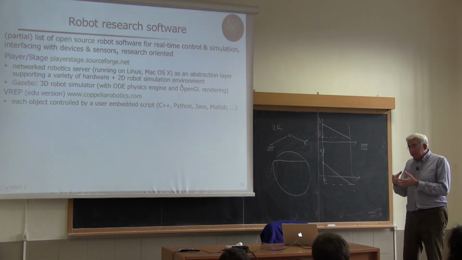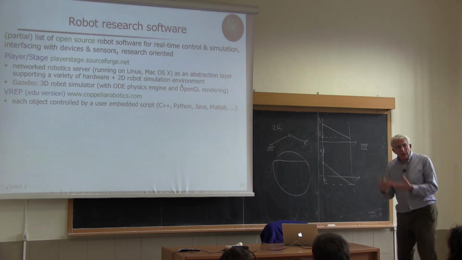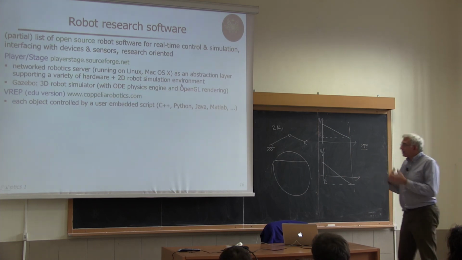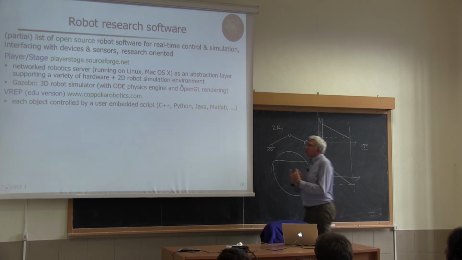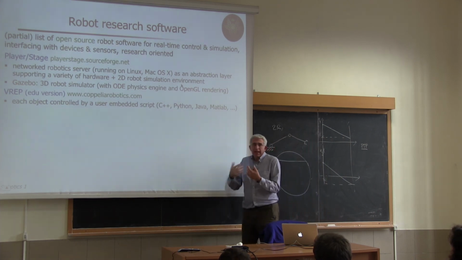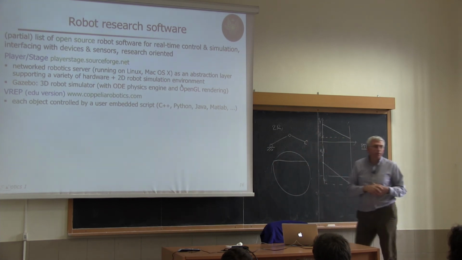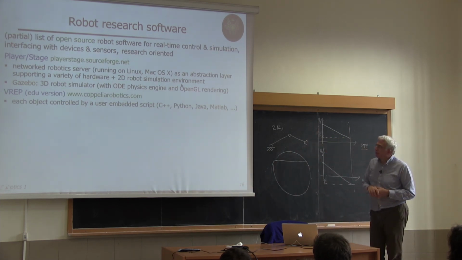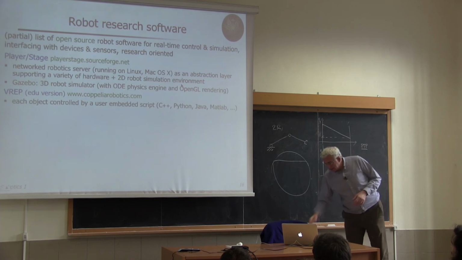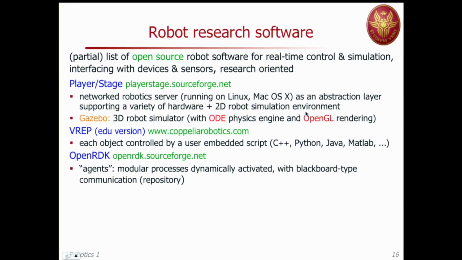So the description of how it behaves, how it moves. And the nice thing is that this is user code that you can embed in any language, so in C++, in Java, or even in MATLAB, and so on. So this is very flexible, and the graphics is good enough.